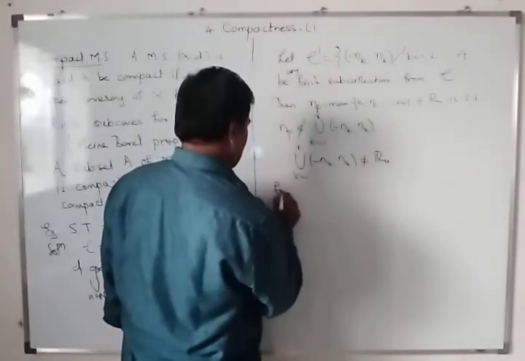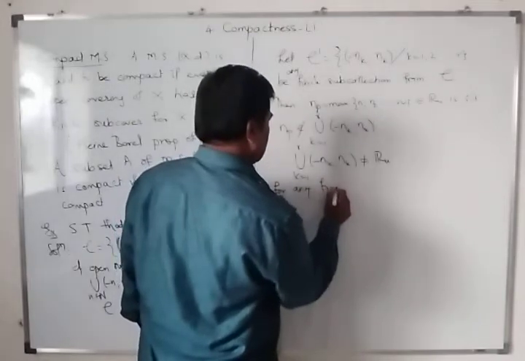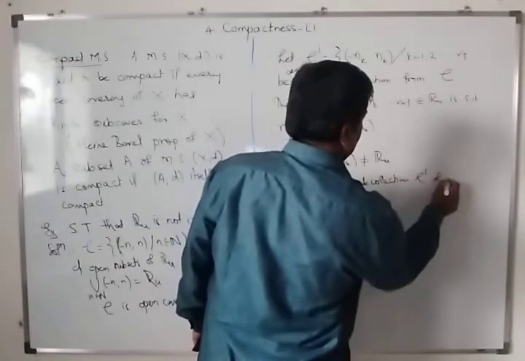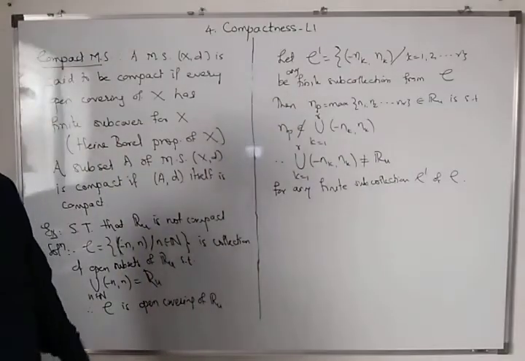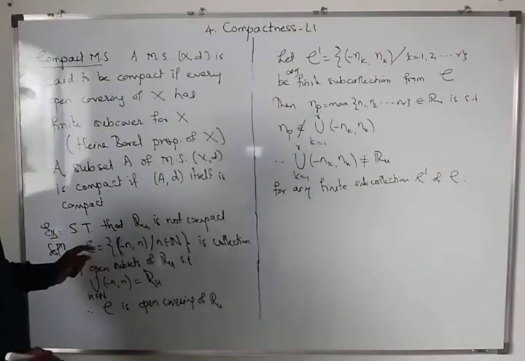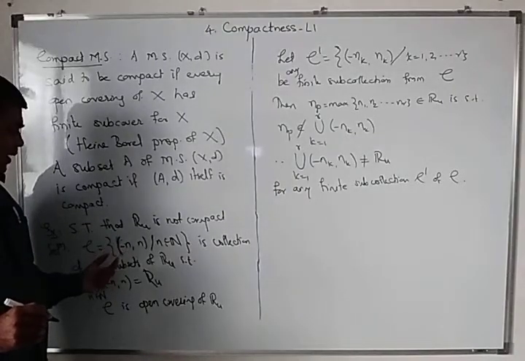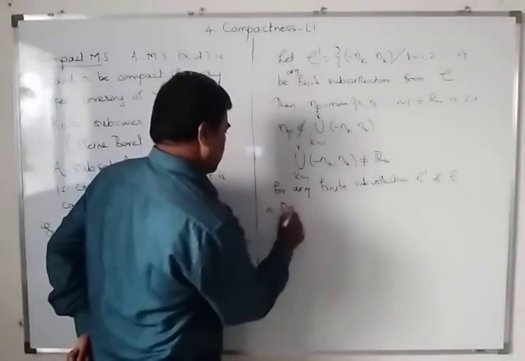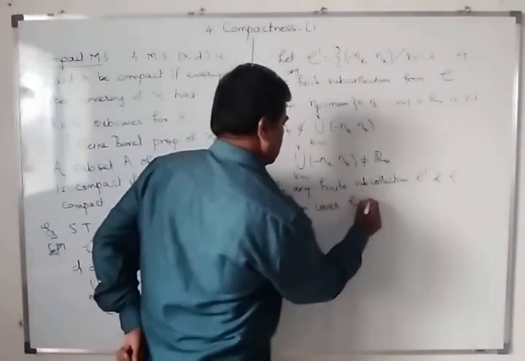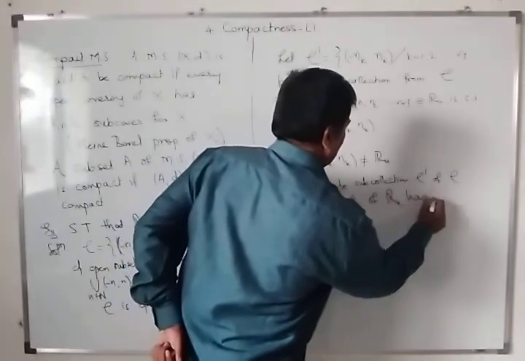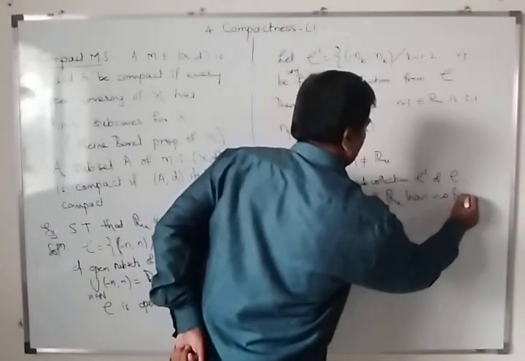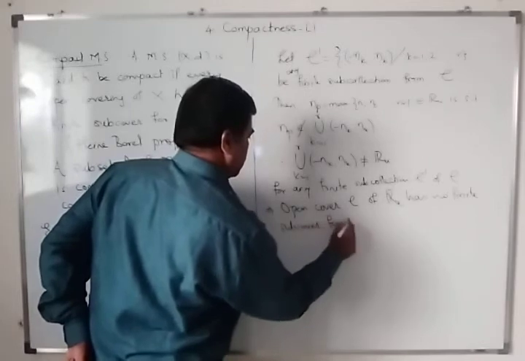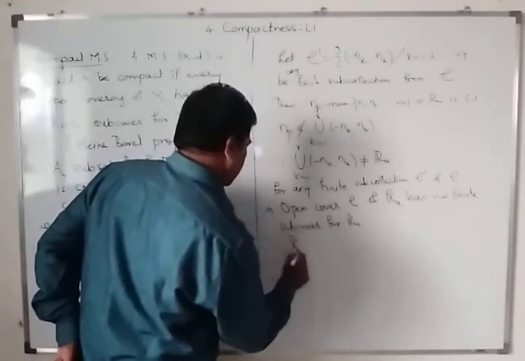This holds for any finite subcollection C dash of C, and therefore the open covering C has no finite subcover for R. Therefore the open cover C of R has no finite subcover for R, and therefore R is not compact.